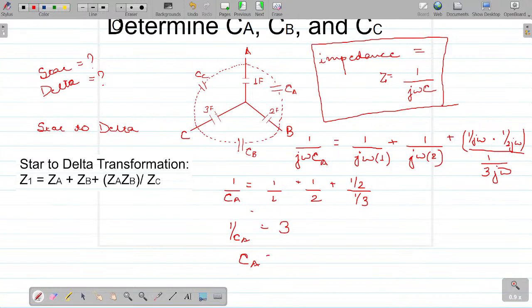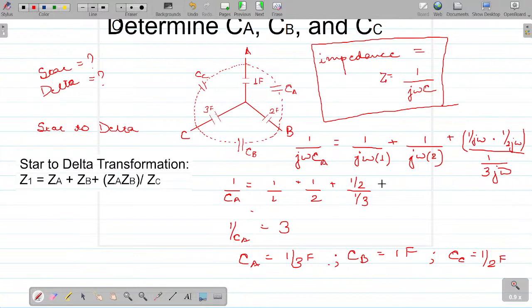Ca is equals to 1 by 3. Solve for the rest of the impedance yourself. I'm giving you the answers. Cb is calculated to be 1 farad and C is calculated to be 1 by 2 farad.